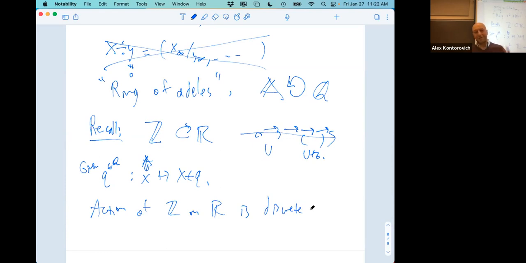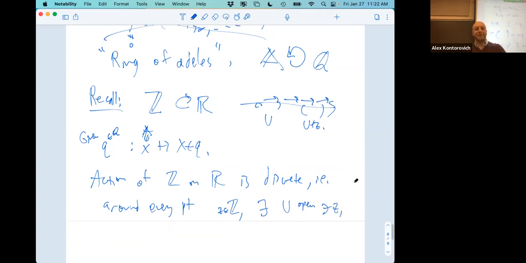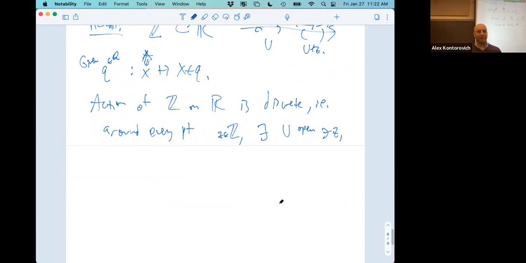Let's say discrete, i.e., around every point z in Z, there exists an open set U that contains z and doesn't contain any other points of Z.